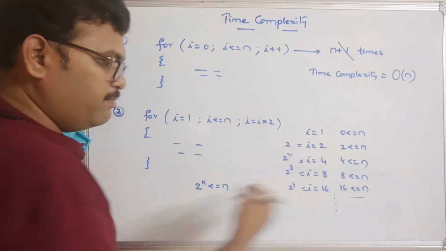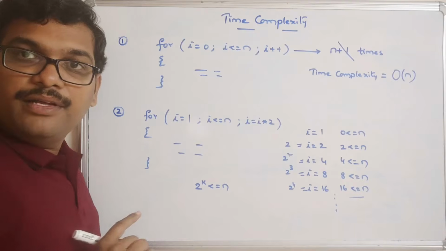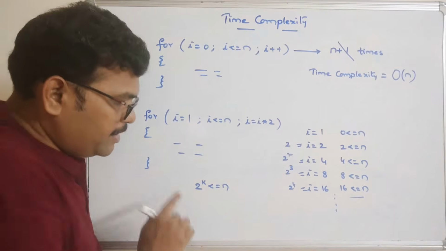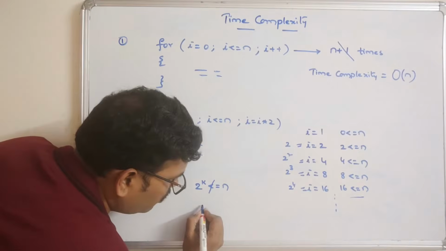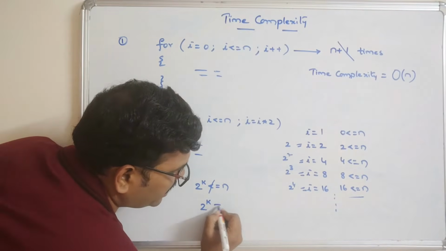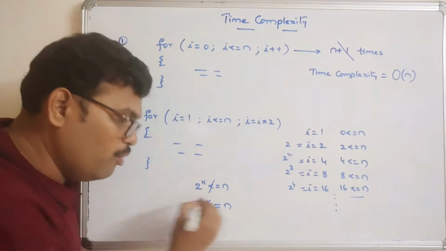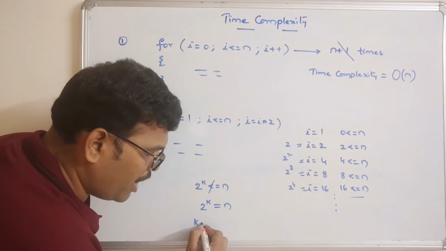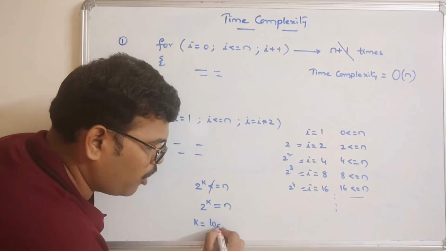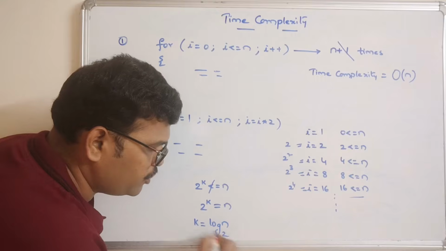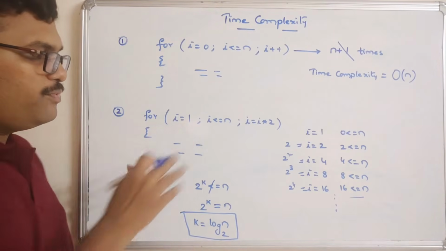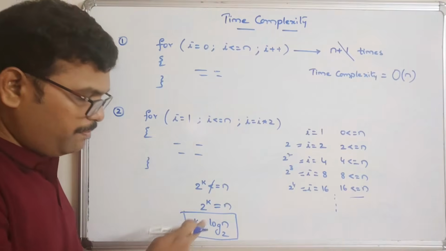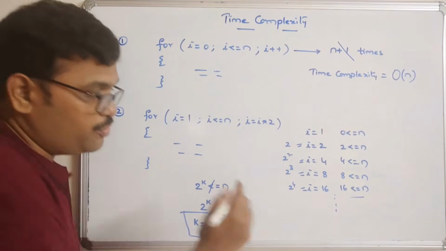This many times it will be repeated. Now avoid the less than, so we can simply write it as 2 power k is equal to n. Now what is the k value? Using the logarithmic formula, k is log n base 2. So the time complexity of this particular code will be log n base 2.